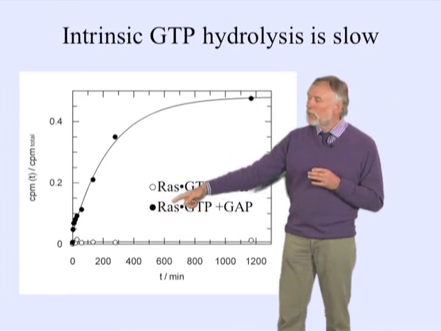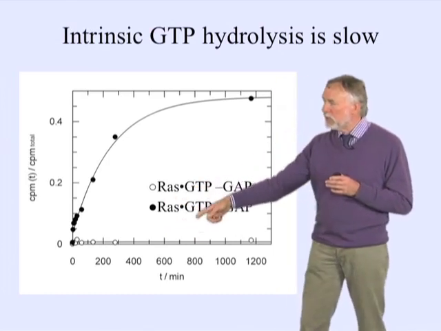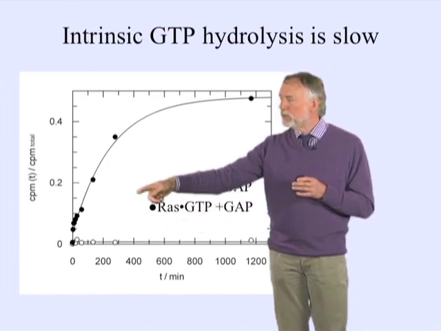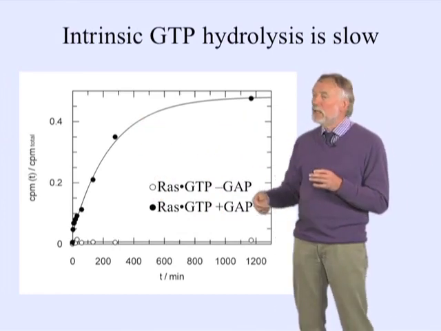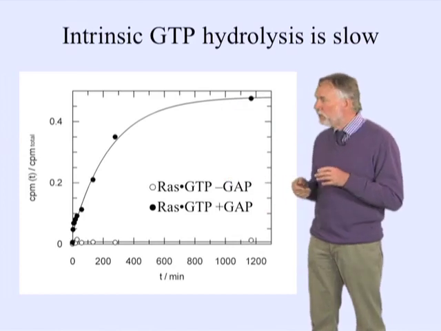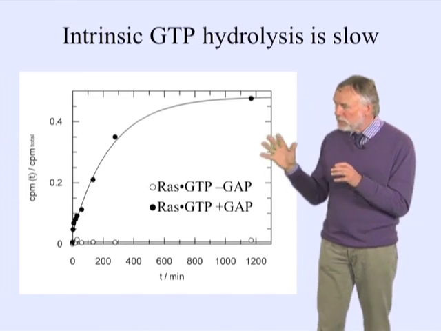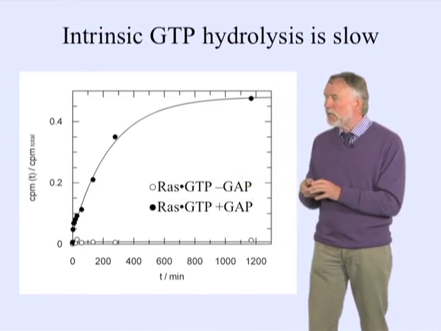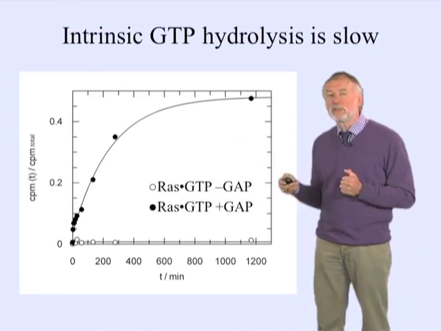There's almost no hydrolysis of normal Ras at room temperature without GAP. And if you now add a particular amount of Ras GAP, you see there is a very fast reaction, much, much faster. Under limiting conditions it is actually about 10 to the 5-fold stimulation of that reaction. So that is the way we want to look at it. We want to analyze how GAP mediates this fast GTP hydrolysis reaction.